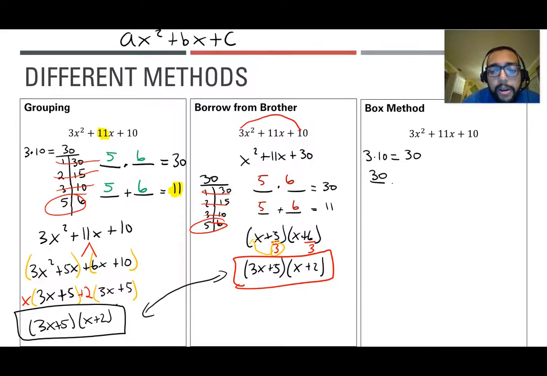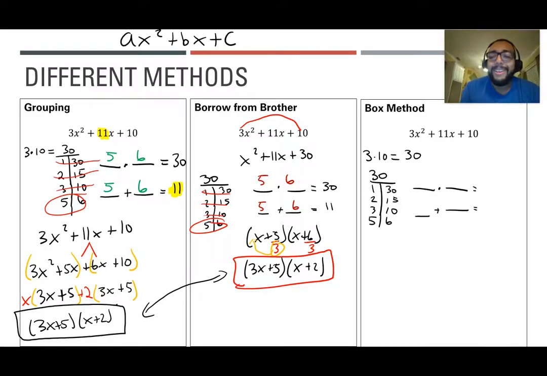Sweet, between there, we need to get two numbers that multiply to be 30. Again, nothing too crazy here. We've done this a couple times already. And guess what? We're still doing the same thing. Two numbers that when you multiply, get you 30, and when you add, get you 11.